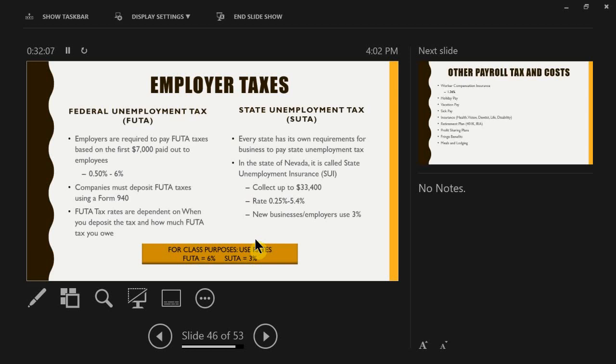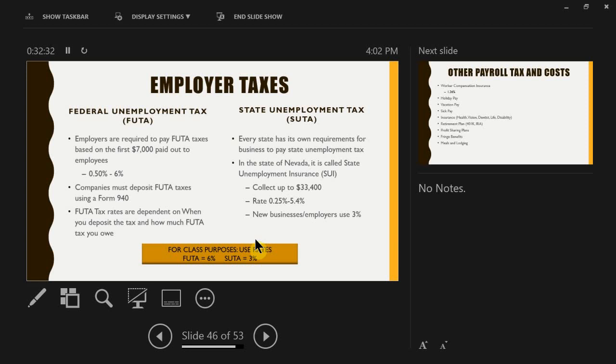Okay. Second thing that we're going to talk about is going to be FUTA, which stands for Federal Unemployment Tax, as well as SUTA, which is the State Unemployment Tax. Now, for those who keep claiming that you as the employee pay into your federal unemployment, you're wrong.